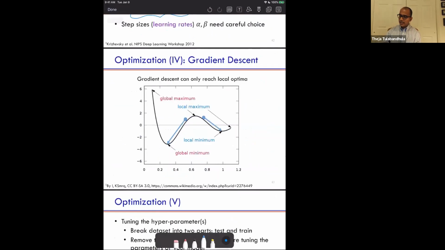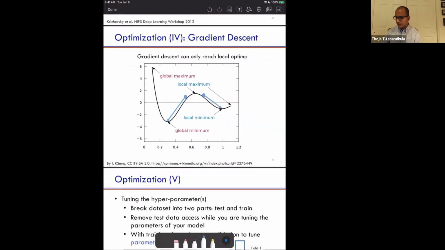Okay, and here is an example in one dimension. Here theta is in R1, and you can see that the gradient turns out to be just the tangent.